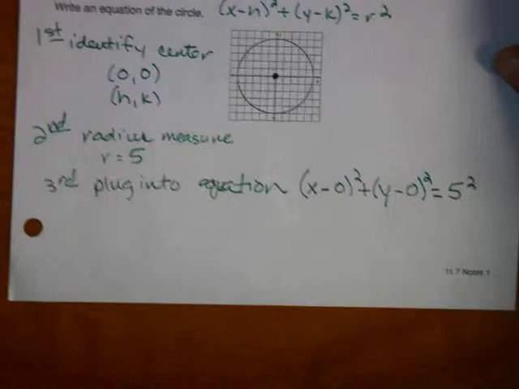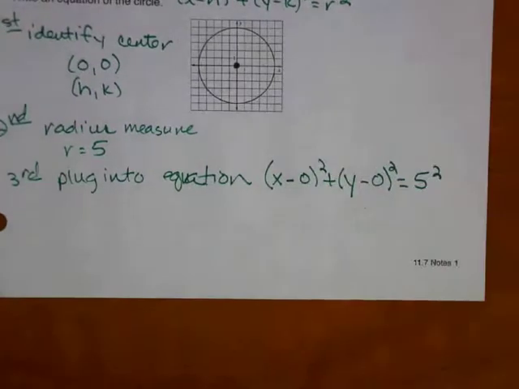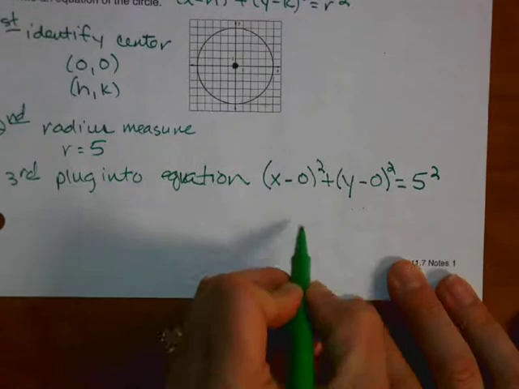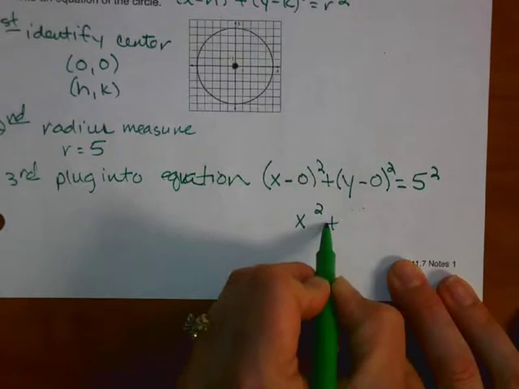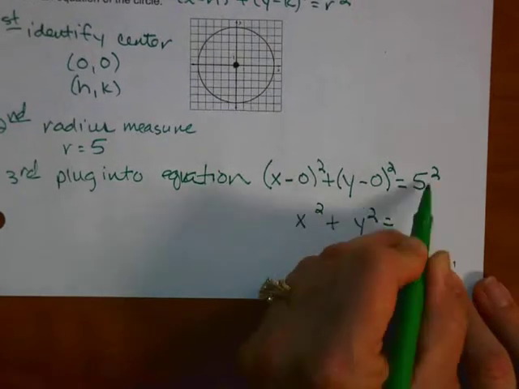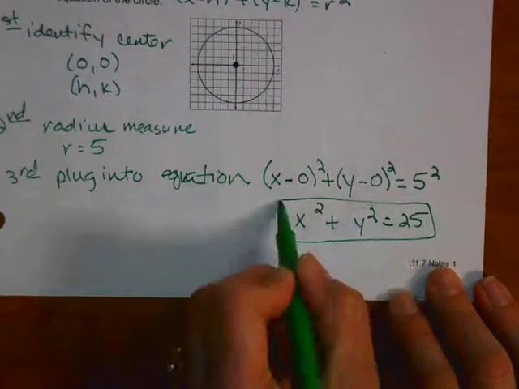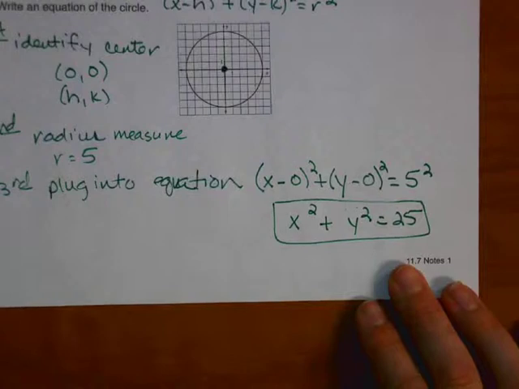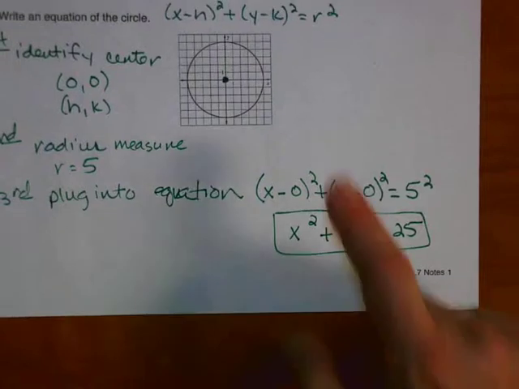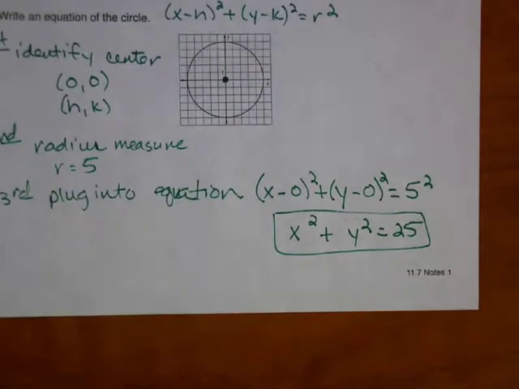And then I just make it pretty. Normally, would you write minus 0? No, you just write x. So this we'll just write as x squared plus y squared equals 5 squared, which is 25. And that's your final answer. That's all you got to do. Write the equation of the circle. That's the equation of that circle.